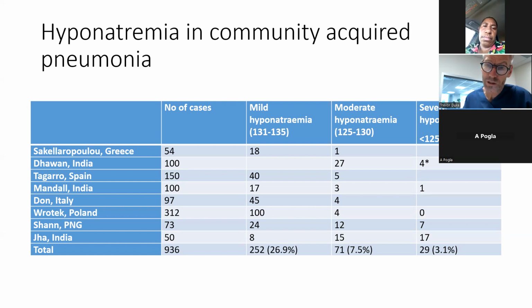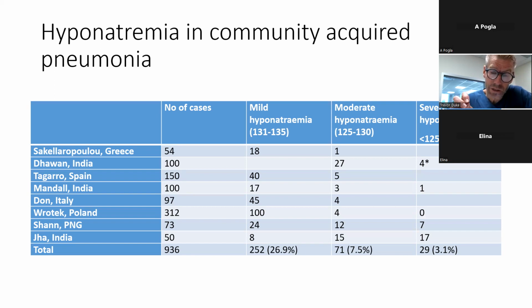As you know, the normal is 135 to 145, but about a quarter of all children have a serum sodium less than 135. And moderate or severe hyponatremia occurs in about 10%. So it's very common for children with severe pneumonia to have low levels of serum sodium.